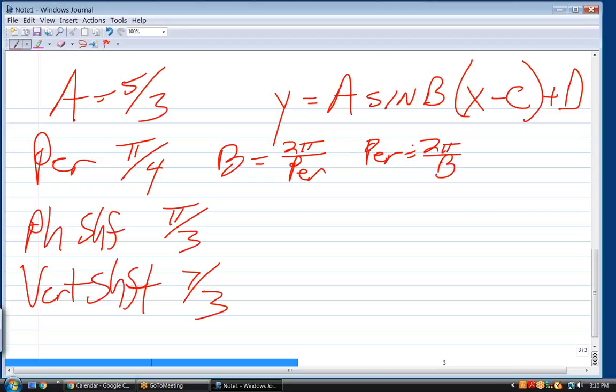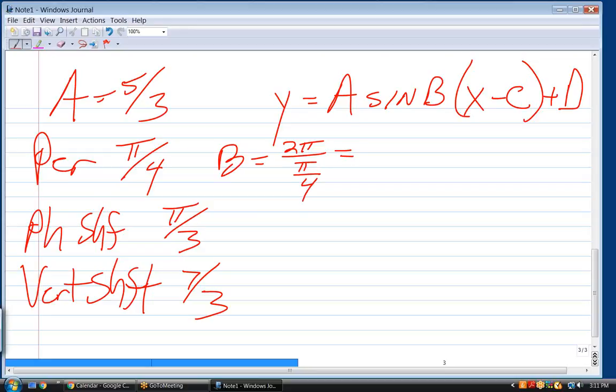But in this case, they give us the period. So what's B? 2 pi over period. So it would be 2 pi over pi over 4.